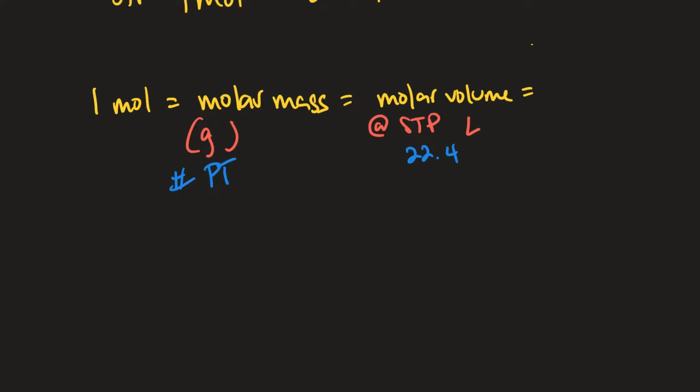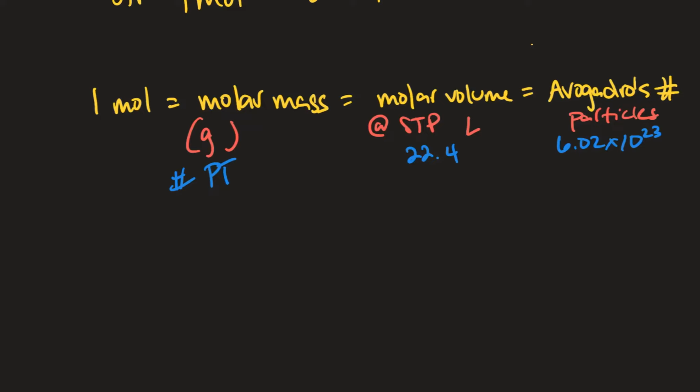And 1 mole is always equal to what we call Avogadro's number. The units are typically particles, which could be atoms, molecules, or formula units, and the number is 6.02 times 10 to the 23rd. I call it Avogadro's number because of Avogadro, who first pinned this number.